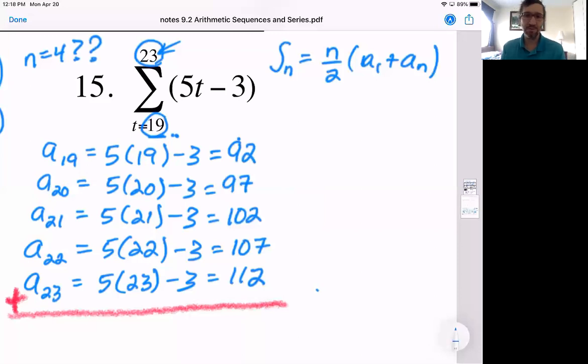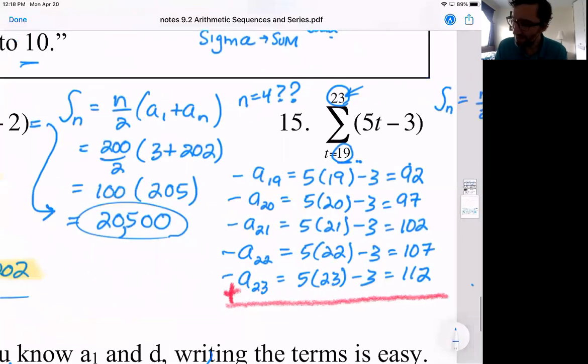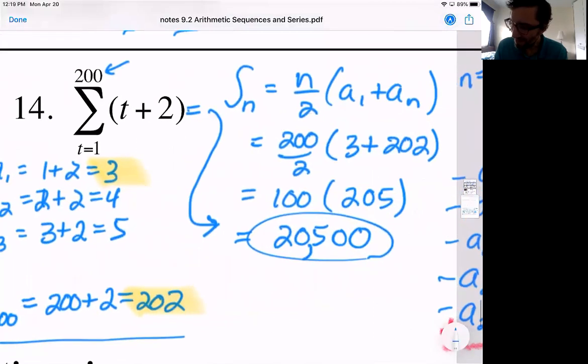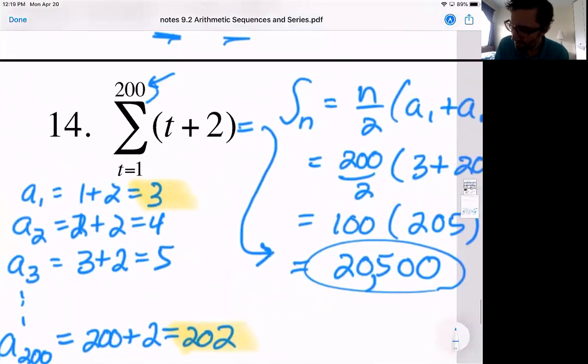Because if you subtract 23 minus 19, you get 4. But when we actually wrote them out, look how many we have. We have 5. So you have to be really careful. It's not just 23 minus 19 to get 4 terms. It's actually 5 terms. If you remember this example, it's pretty clear, right? There's 200 terms.